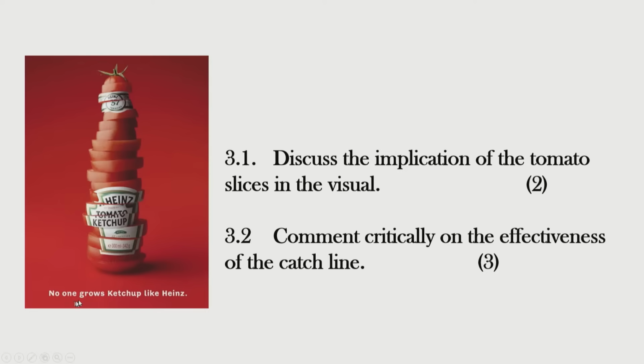There's the catch line. No one grows ketchup like Heinz. I say it's effective. Why do I say that? All right. Because of the word grows. We've looked at that already. It implies that they're not just making tomato sauce. They are growing the tomatoes and taking it through the whole process to make sure that everything is the best you can get. Okay.